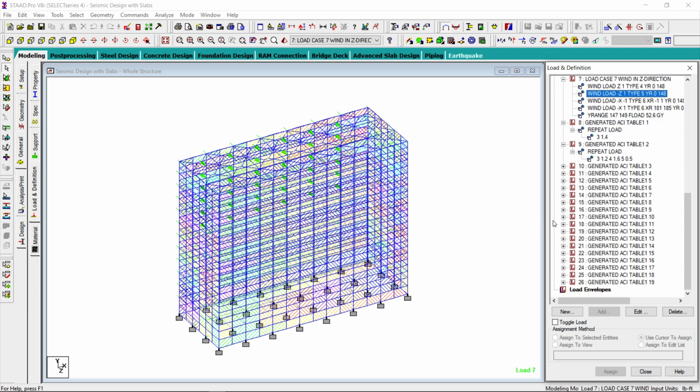The main issue was that we have to check the design of concrete beams and columns, and it should be in line with the calculated values.